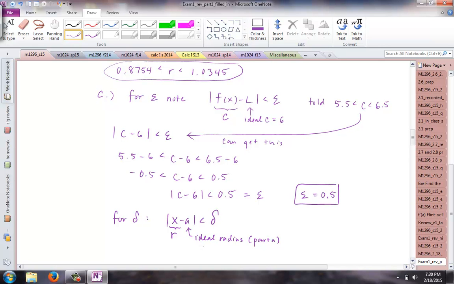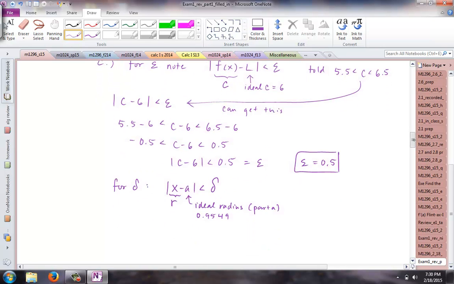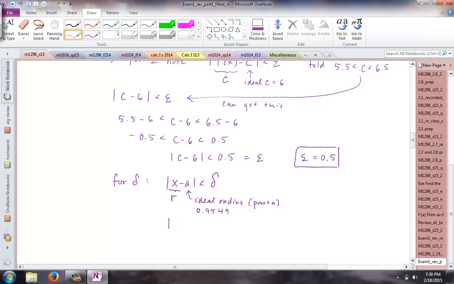And what we determined for that value is 0.9549. So I'm going to write that together now, that for this problem, our x minus a is r minus 0.9549.